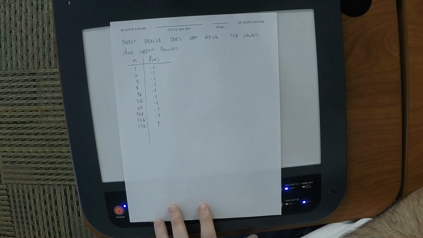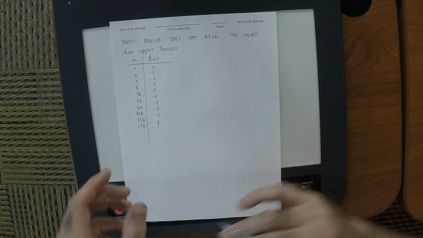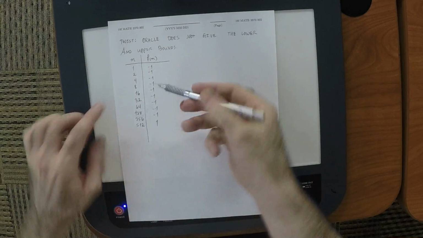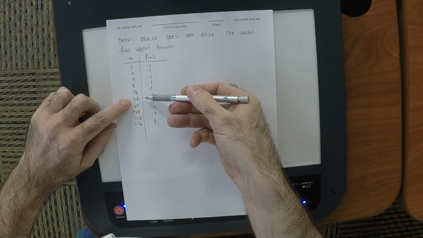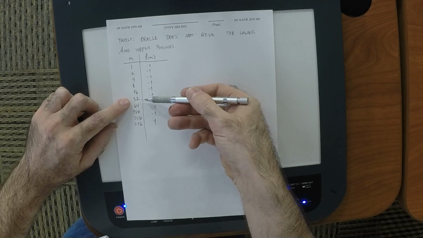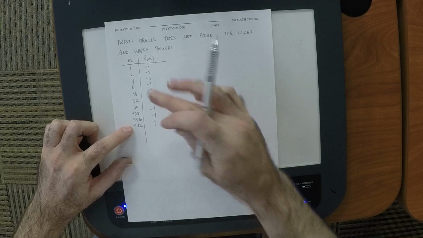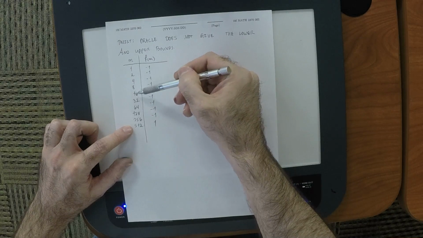So, interesting. At first it kind of seemed like I was going a little slow, right? There I'd only made it to 32, but already I'm at 512. So how many steps? That's 1, 2, 3, 4, 5 ... that's 10.